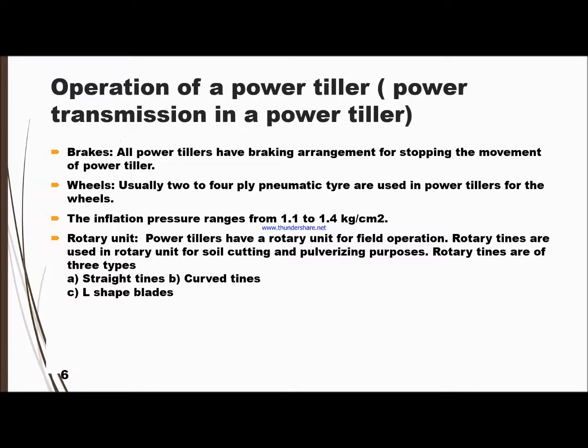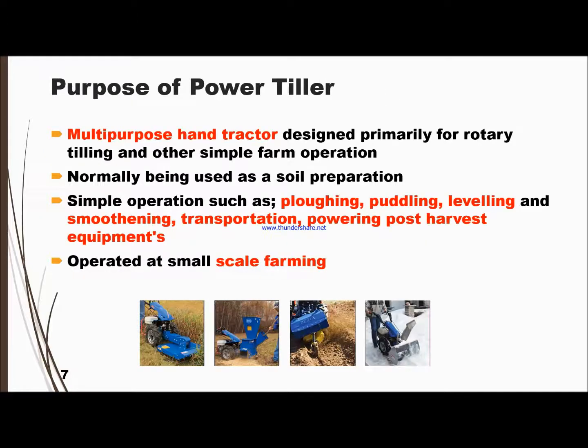Similarly, we have brake wheels, and this is the arrangement for the power unit and rotary unit. The power tiller has the power unit and the rotary unit for the operation. This depends on the type of operation. We call it pulverization, depending on the type of application.